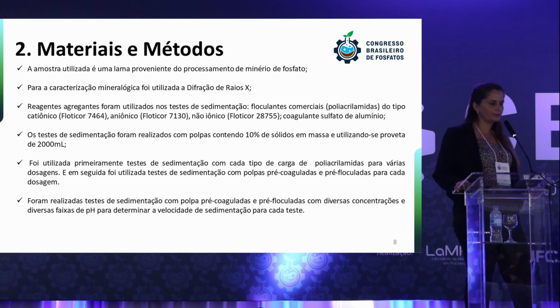The sedimentation tests were carried out in pulps containing 10% solids, using several different doses, and then a pre-coagulated and pre-flocculated pulp. We also did sedimentation tests with pre-flocculated and pre-coagulated pulps at different pH levels, determining the sedimentation speed for each test.